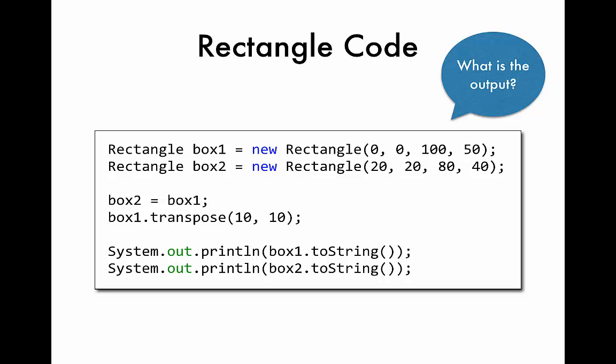So if I applied that transpose method with arguments 10, 10 to a rectangle whose xy coordinates were 90, 90, I would end up with a rectangle whose xy coordinates were 100, 100. Also, recall that the toString method for a rectangle prints the word rectangle followed by the values for its x-coordinate, y-coordinate, width, and height. Got it?